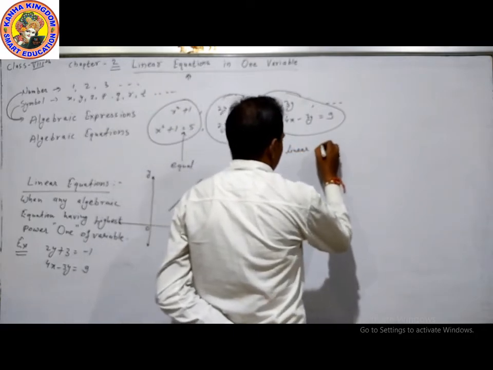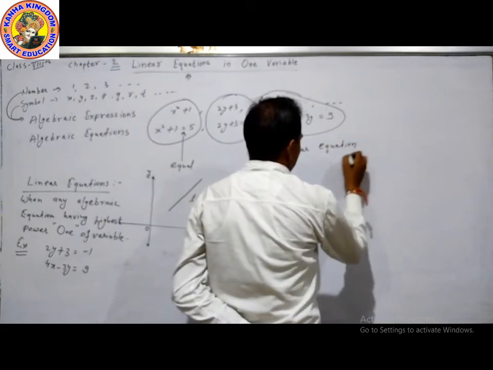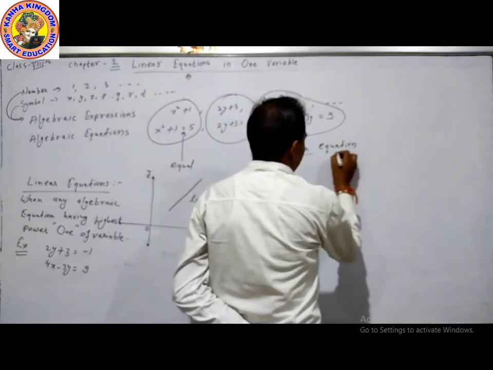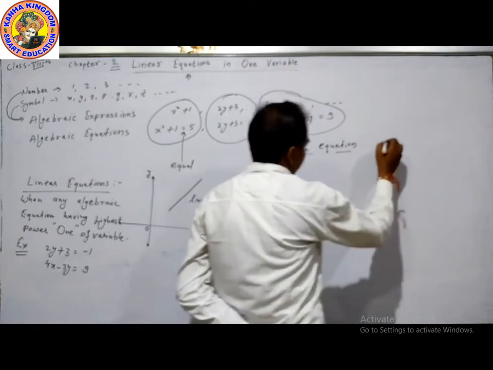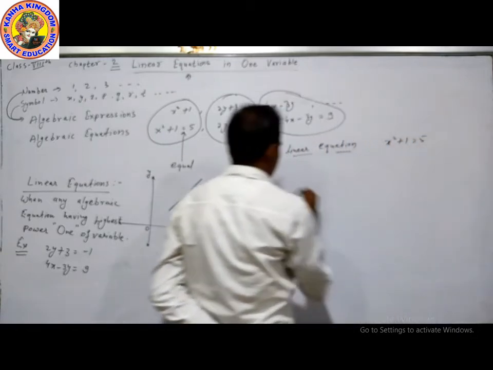Non-linear equation. A non-linear equation is x square plus 1 is equal to 5.